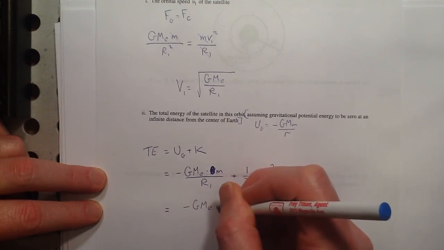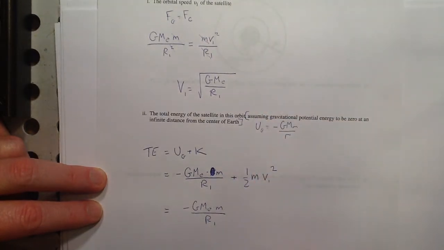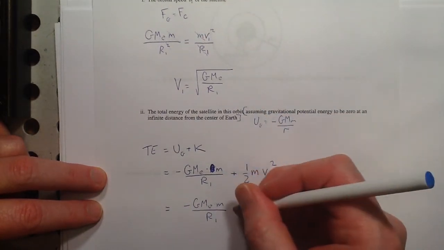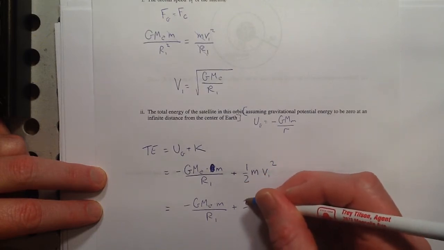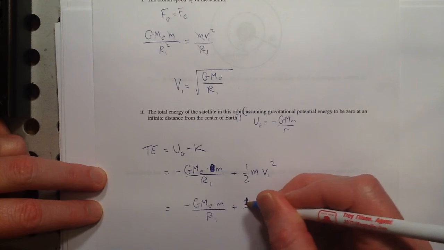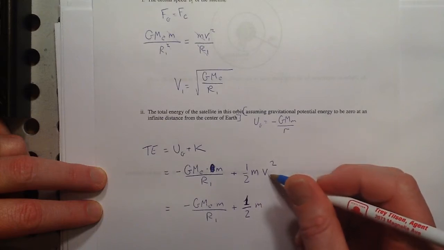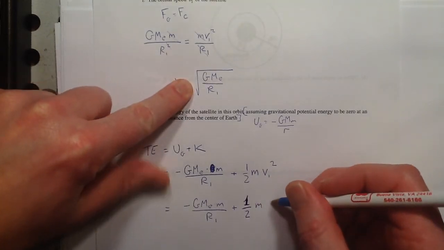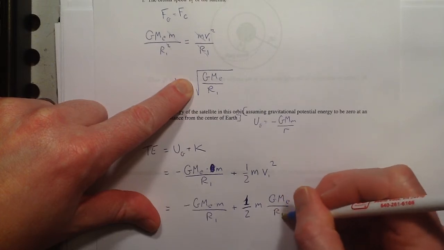They gave me plenty of room to do this. This is what the real AP test is going to look like. You're going to have about half a page per part to write things out. So, 1/2 m, and then v1 squared is this squared, so that's G M_E over R1.